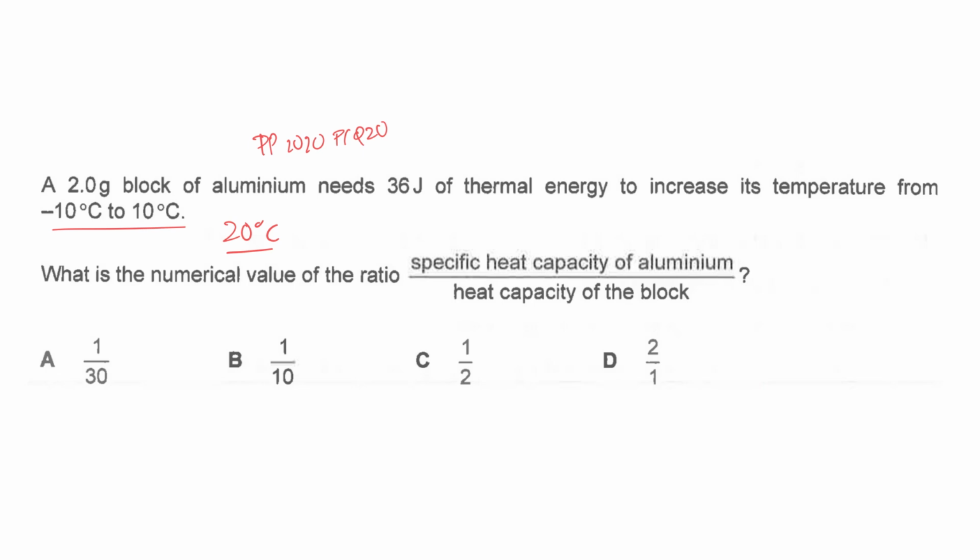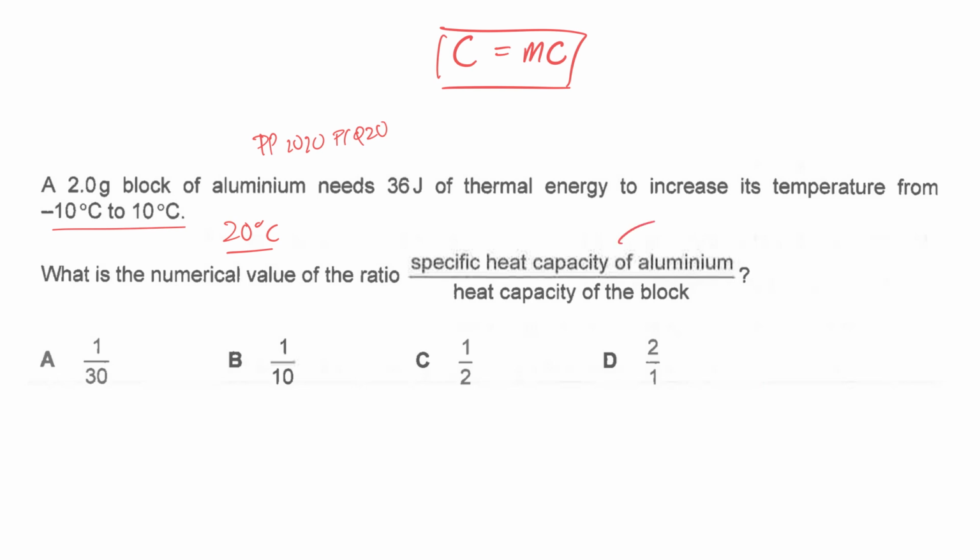If you can remember, in class I told you how heat capacity is related to the specific heat capacity. It's the mass times the specific heat capacity, because for heat capacity the mass is already taken into account. So the relationship between the two is this equation, and if you know this equation, it is actually very simple.